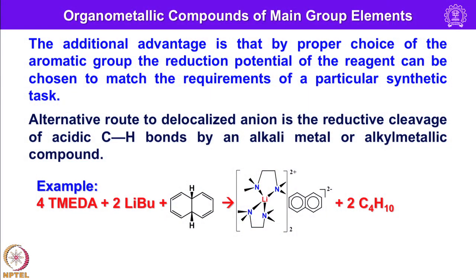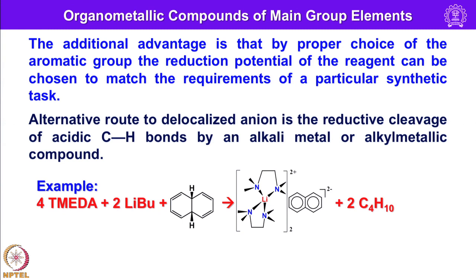The additional advantage is that by proper choice of the aromatic group, the reduction potential of the reagent can be chosen to match the requirement of a particular synthetic task. That means whether one has to carry out the reaction under mild or ambient conditions, one can choose the right kind of aromatic group so that its reduction potential matches the requirement of the particular synthetic scheme that is planned.